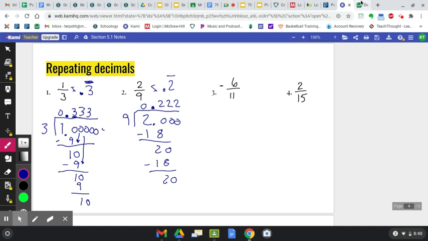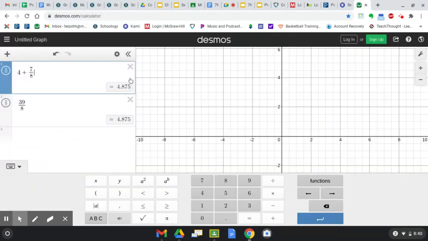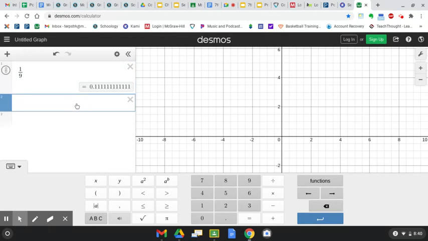What's kind of cool is if you look at the pattern of dividing by 9: 1 divided by 9, look at that, 0.1 repeating. We just did 2 divided by 9.